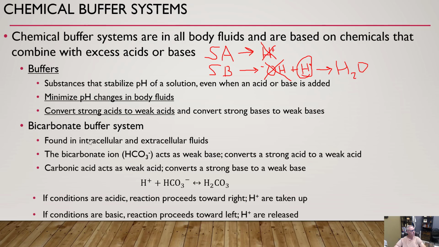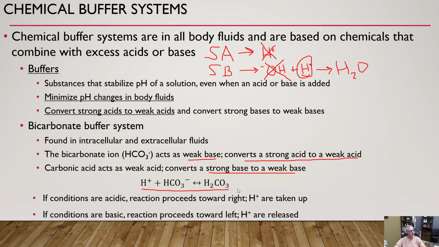We have this thing called a bicarbonate buffer system that's found in both the intracellular and extracellular fluid. Bicarbonate is going to act as a weak base that is going to convert a strong acid to a weak acid. And it can also convert a strong base to a weak base.